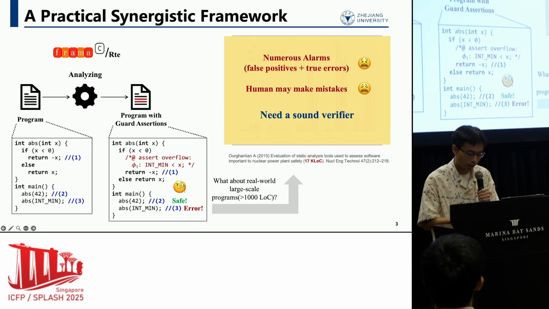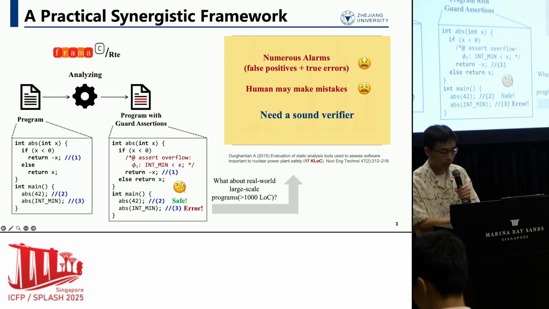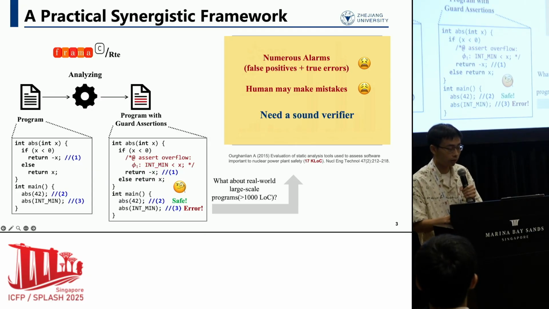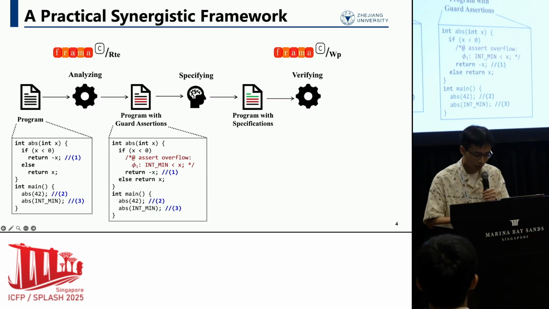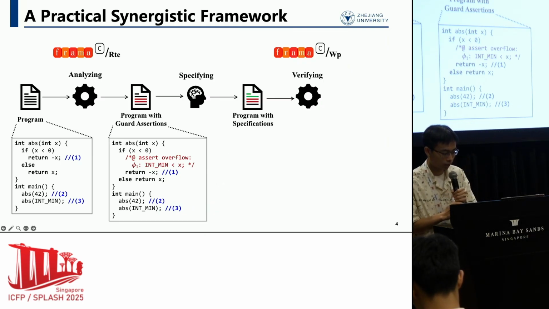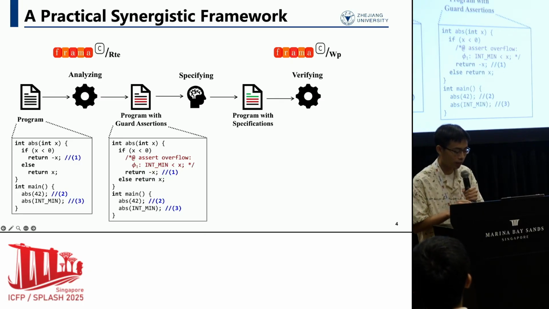This is where a practical verification paradigm comes in. We use a sound verifier to discharge the false alarms and help identify the genuine errors. To use verifiers such as Frama-C WP, we must first provide specifications.